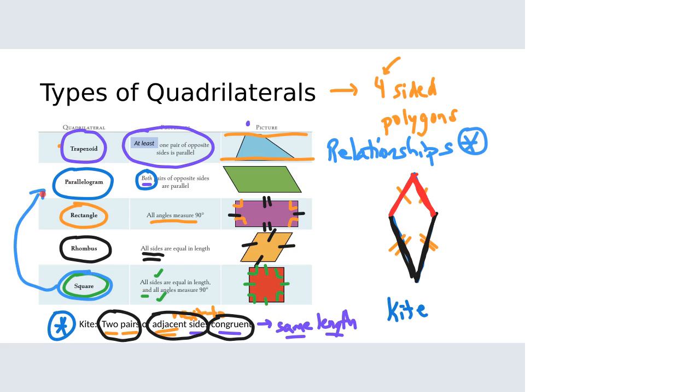Because, well, to be a parallelogram, both pairs of opposite sides are parallel. Top and bottom are parallel, left and right are parallel. Yeah, you're right. That square is a very special type of parallelogram where all sides are equal, all angles are 90 degrees. But that relationship exists.